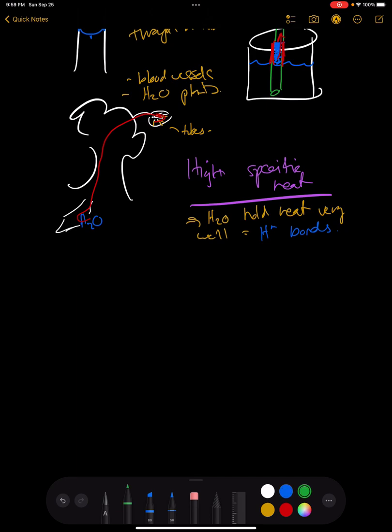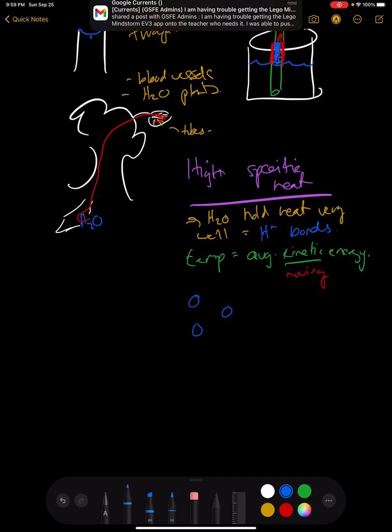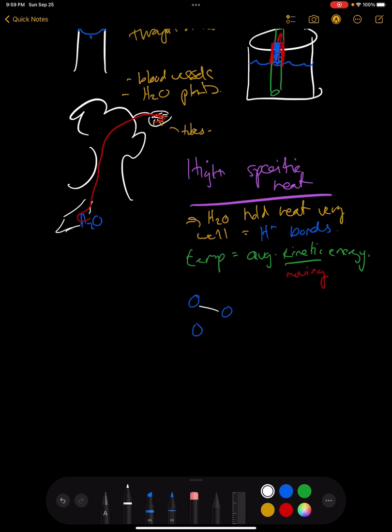Because when we talk about heat, we're talking about temperature, and temperature is the average kinetic energy of something. And we know kinetic from way back in physical science. Kinetic is talking about the energy of when something's moving. So if you have these different water molecules, here's a water molecule, here's a water molecule, here's a water molecule, these hydrogen bonds can break and form really, really fast.